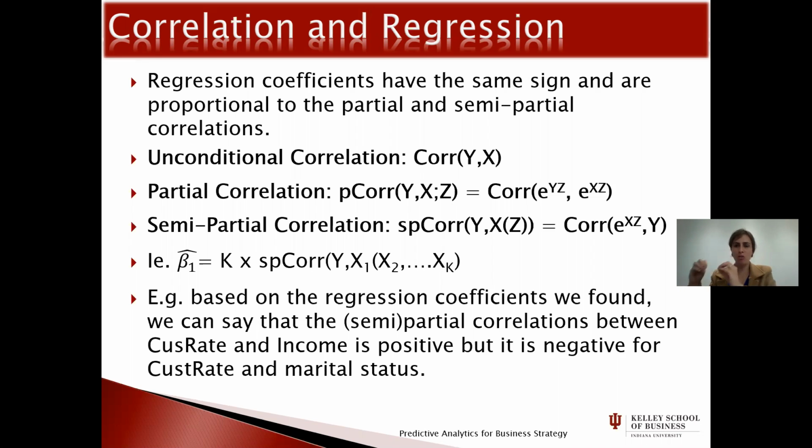Whenever you want to isolate the effect of a third variable, you have your measures of partial and semi-partial correlations. If that semi-partial correlation is positive, your beta is going to be positive. The betas you estimate are going to have the exact same sign, and they're going to be very much proportional to that semi-partial correlation, the correlation you get once you hold another variable constant, once you control for the influence of a third variable, let's say age in that case.